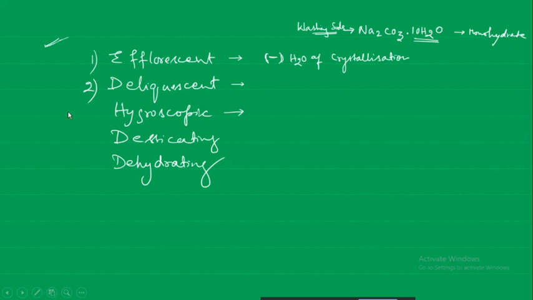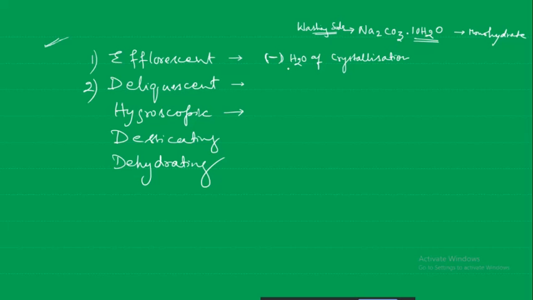Deliquescent: on exposure to moisture from the air itself, as in a hot and humid climate, when there is a lot of moisture in the air, it will absorb that moisture.